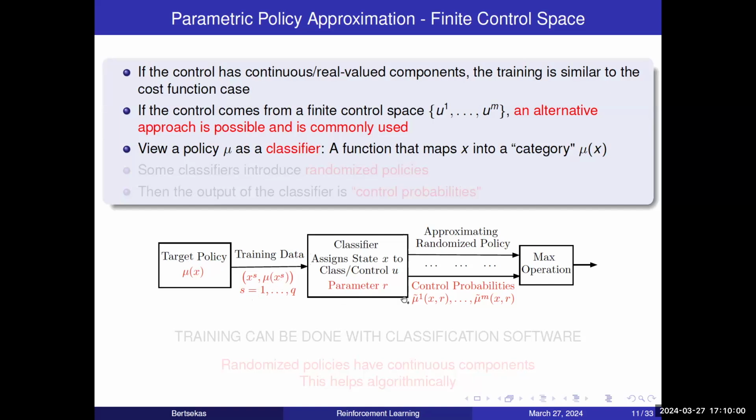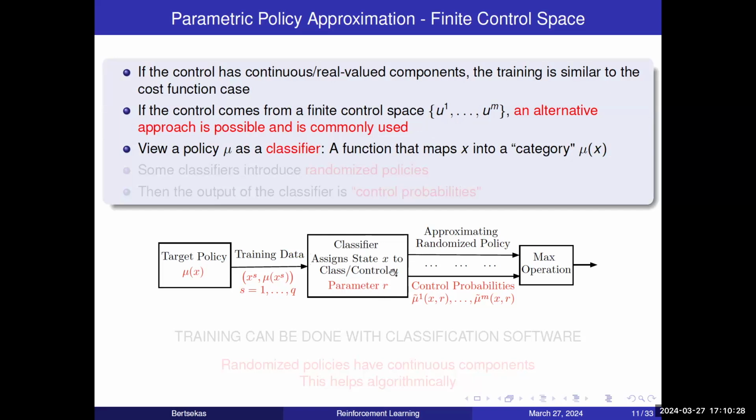And this classifier, the parametric policy approximation, essentially assigns the state x to a class, which is one of those M different classes, once we fix this parameter R.